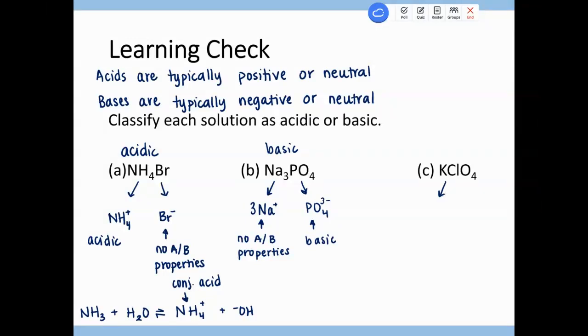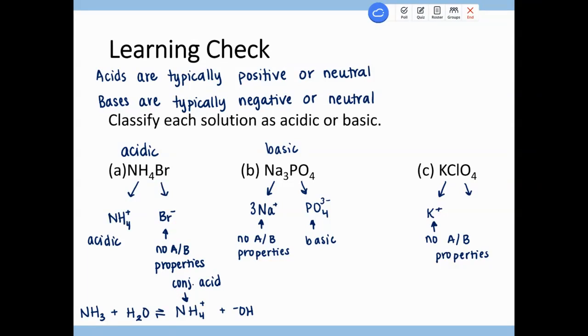For the third one, potassium, which is on our list of counter ions with no acid-base properties. It is the cation of a strong base, potassium hydroxide. So no acid-base properties.